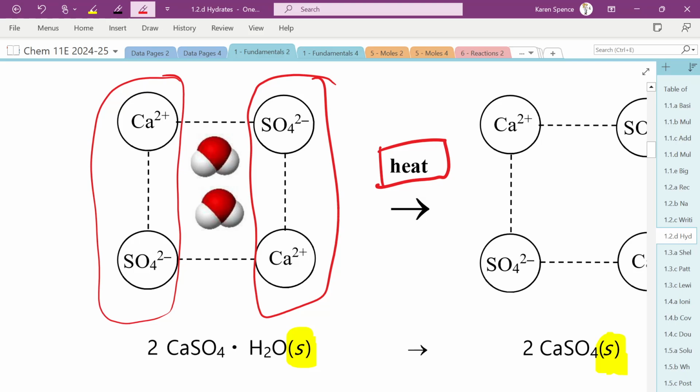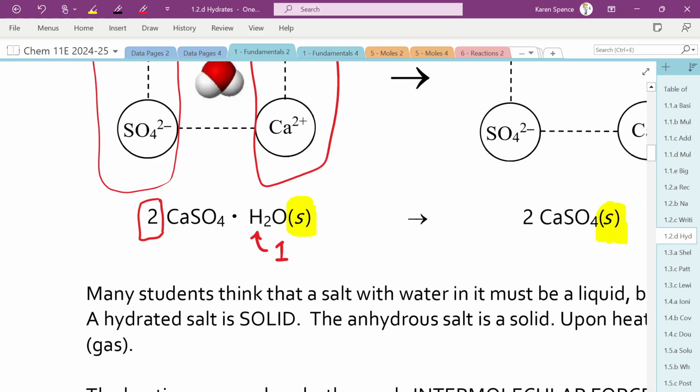So it's a 2-to-2 ratio, which is the same as a 1-to-1 ratio, which is why here I have a 1. This coefficient in the front just tells me I've got 2 of those units. Yes, I have 2 hydrated calcium salt units.